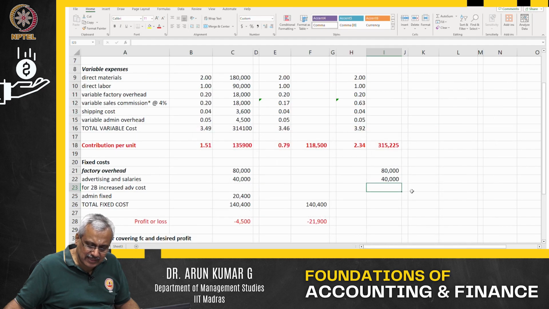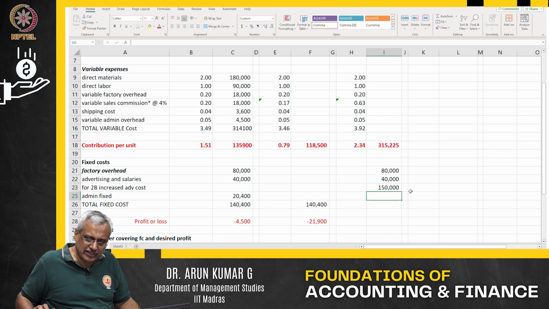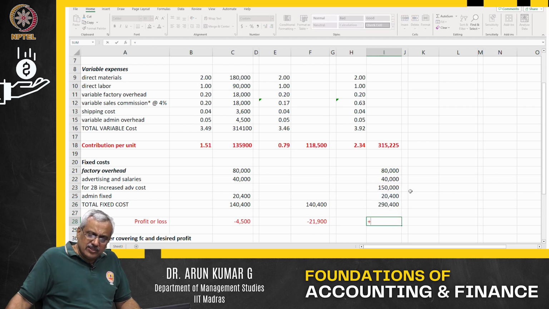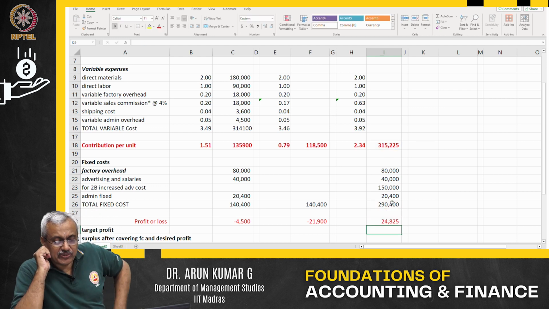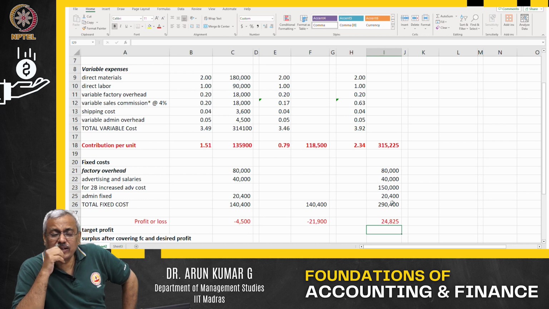That is for 2B, the increased advertising cost of 1,50,000. Now, my fixed admin cost is 20,400. So what is my total fixed cost? This is my total fixed cost. So what is my ultimate profit? My profit in this case is 24,825.